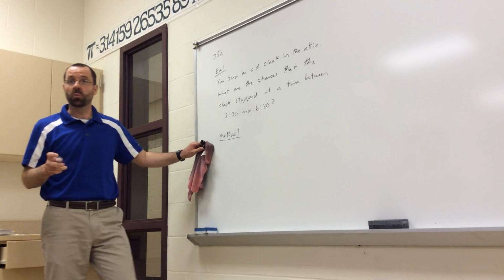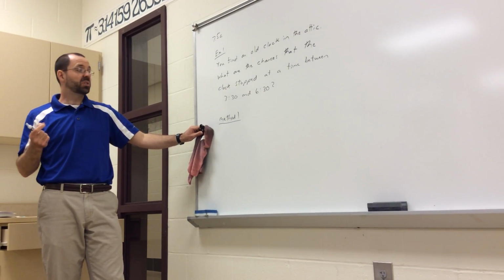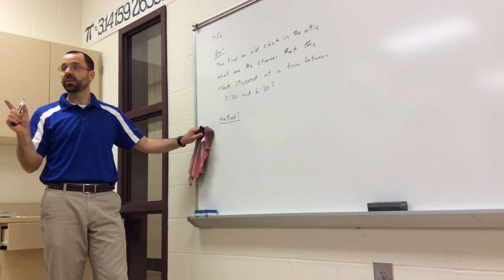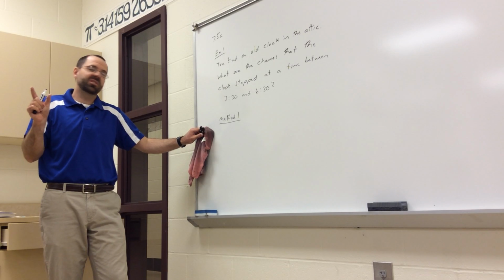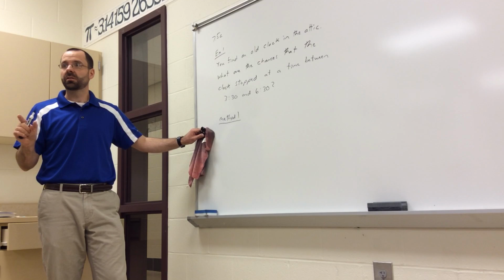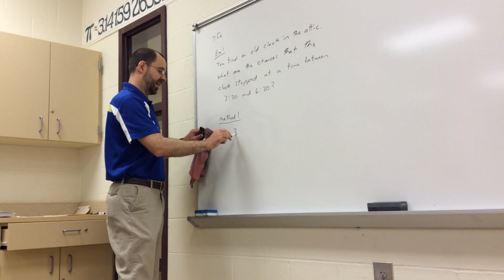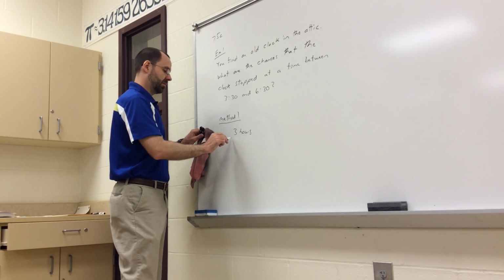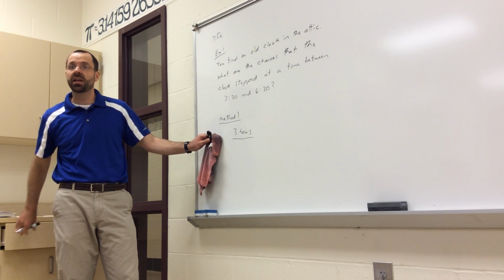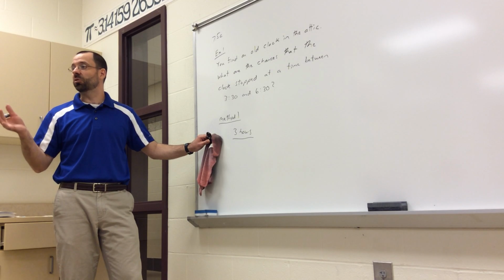So first of all, for method 1, between 3:30 and 6:30, there's a 3-hour time span, right? So the chances that it stopped in there are 3 out of something. So 3 hours that it could have stopped to hit between 3:30 and 6:30. And then overall, there's 12 total hours, right?